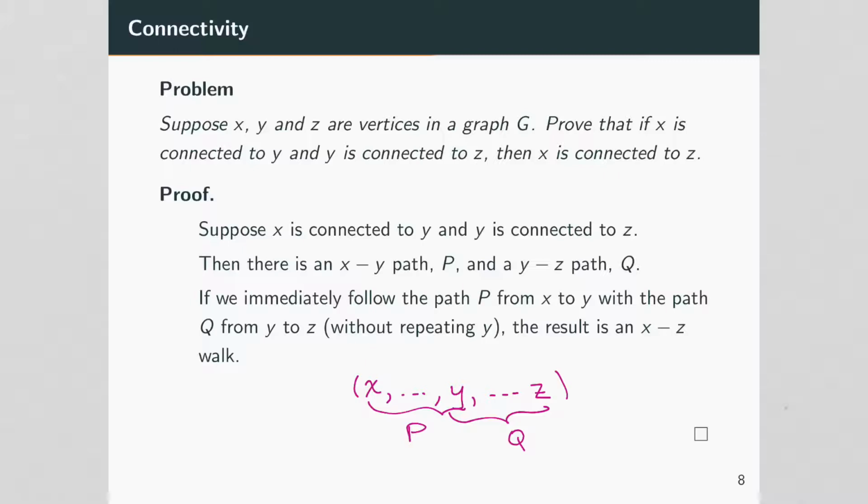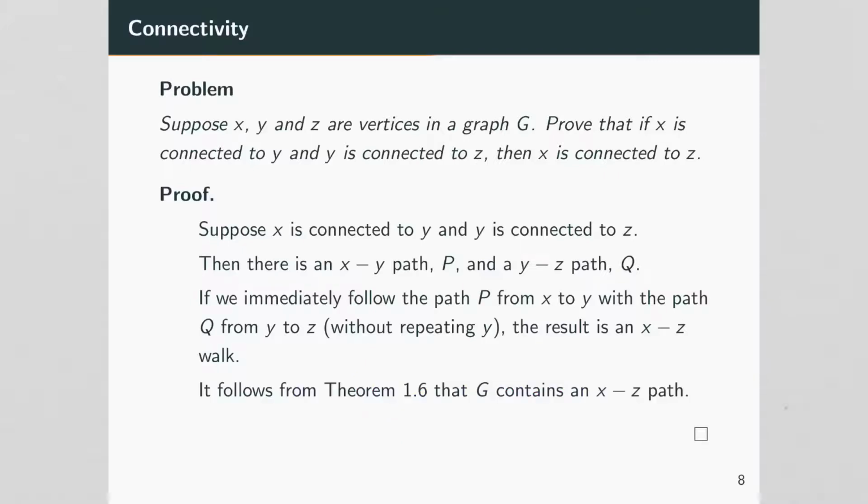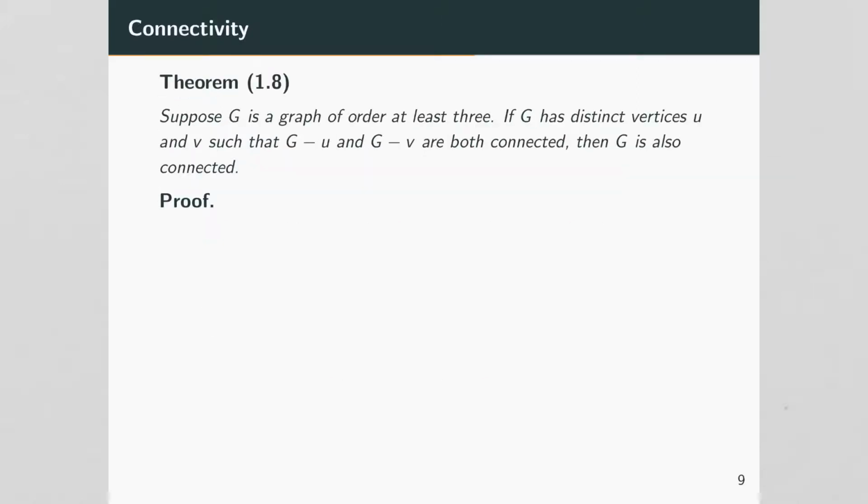Now, if we're using a path between the two things as our definition of connected, then it follows from the theorem we proved in the previous lesson that G contains an XZ path. So that proves our transitive property.